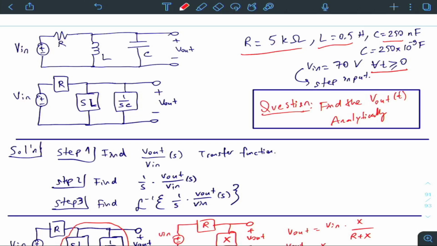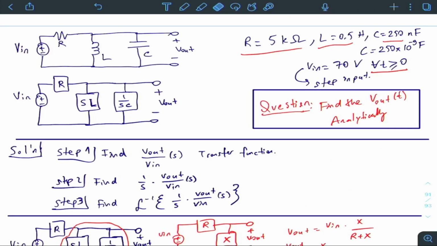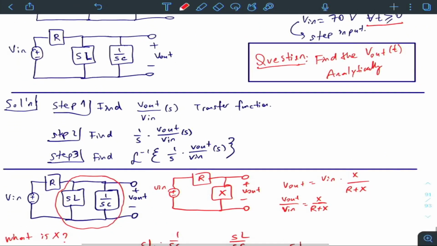Let's try to find Y of s over U of s equals G of s, okay? Let's try to find this G of s term, and in that analogy, U is the input voltage and Y is the output voltage. The first step is finding this transfer function, okay?